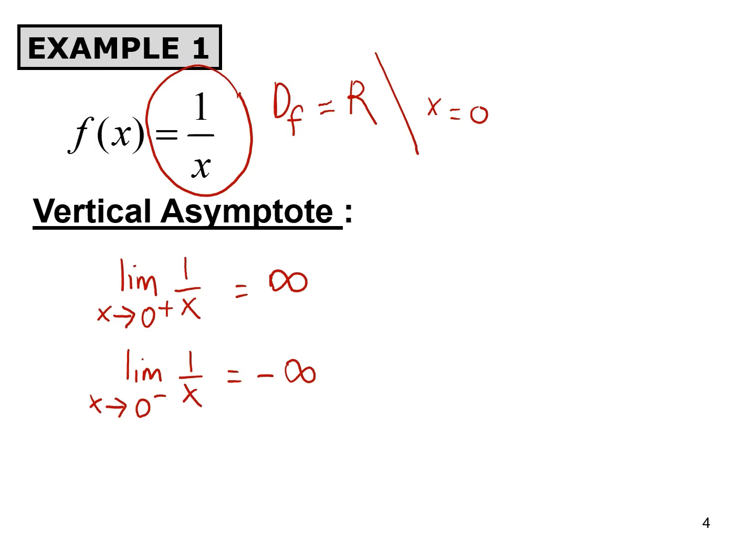Hence, we may conclude that x equals 0 is the vertical asymptote.